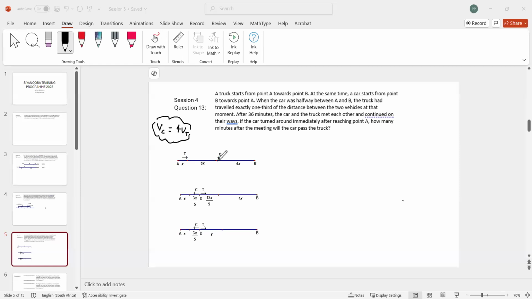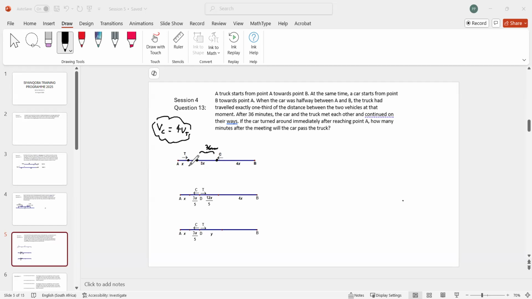They are still moving towards each other, the car here, the truck here. The distance they are traveling is 3x now, right? Because they are 3x apart. And they meet somewhere in between after 36 minutes. The car is traveling faster, so the time taken here is 36 minutes.